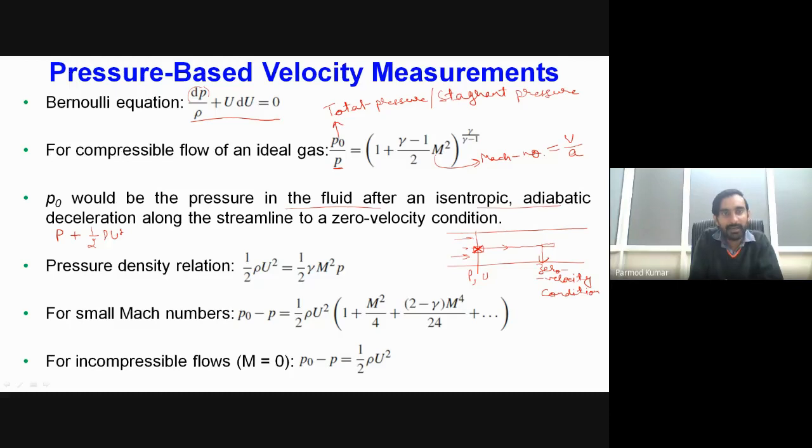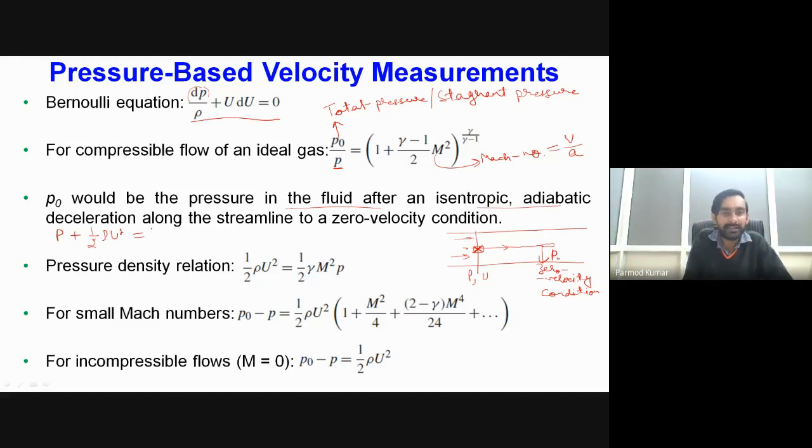Okay, while at this point, particularly at the surface of the solid, the fluid particle has actually come to rest. So it means its velocity has become zero. So corresponding to this zero velocity, whatever pressure we are getting, that pressure is nothing but equal to P naught.